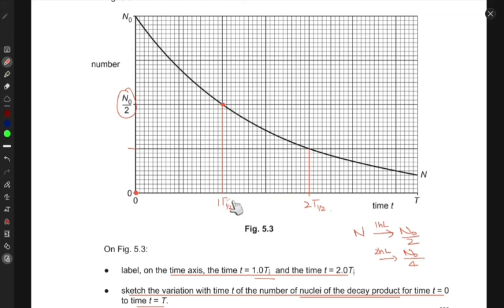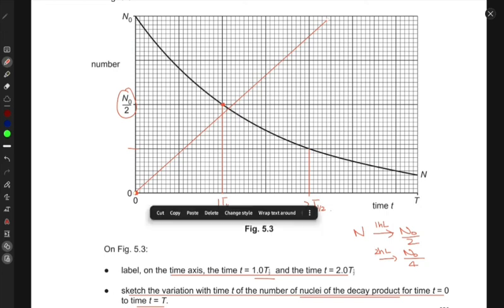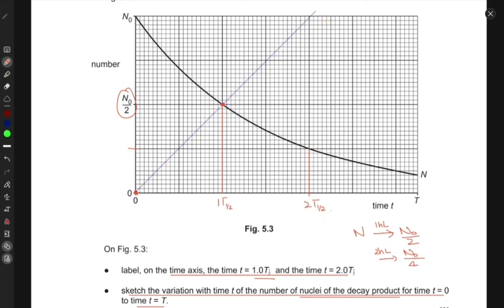And at half-life, t half, we have half of it decayed. So we'd observe a curve that passes something like this. Okay, so it didn't become a straight line, but it would look something like this. Yeah, so this would be the line that we would observe.